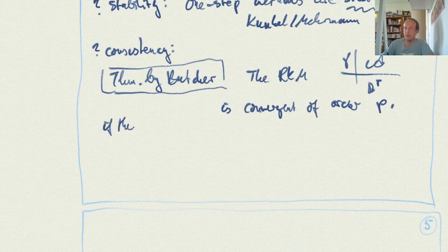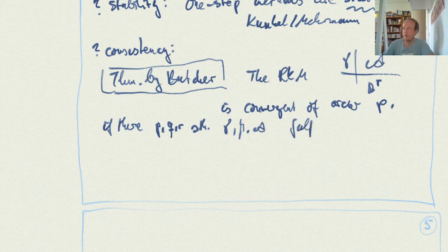if there exist p, q, r such that these coefficients gamma, beta, alpha fulfill the conditions.